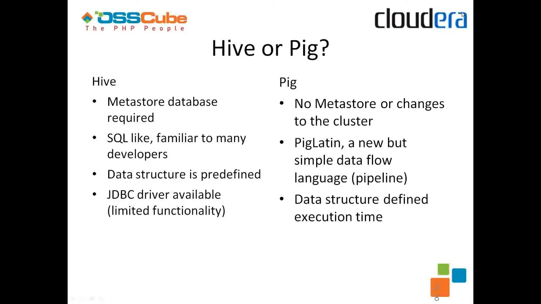On the other side, Pig has Pig Latin, which is new. So people will have to learn Pig Latin. They need to get familiar with it. However, it is a very simple language, very easy to understand, and very easy to learn. On top of it, once you grasp the concept of Pig Latin a little bit, I find it a little bit more intuitive to work with when you start querying and processing your data. SQL is more like a declarative language, so you need to declare things up front before you can actually test it.